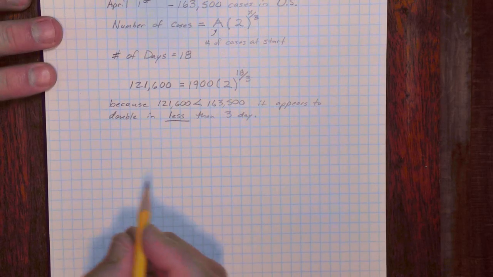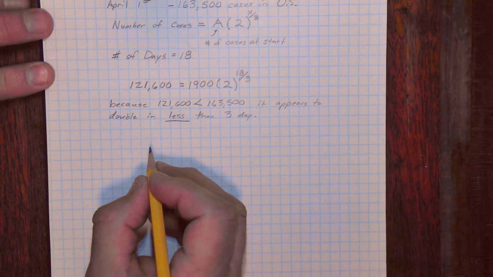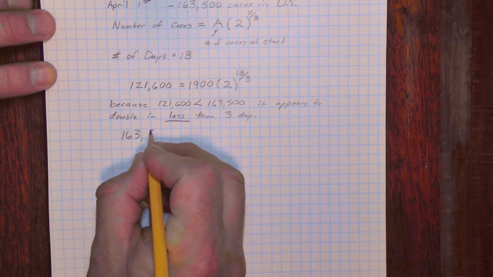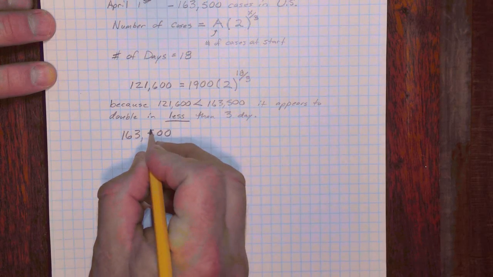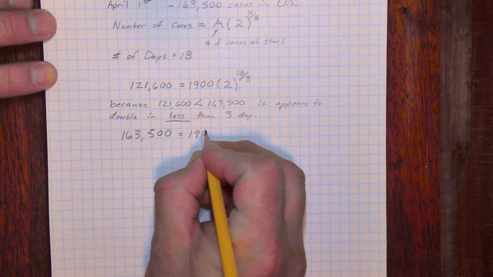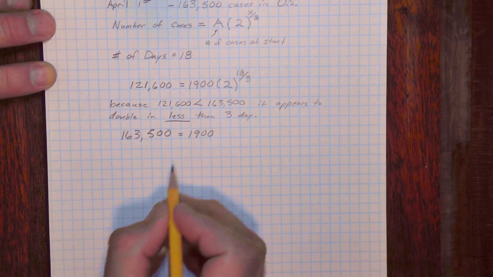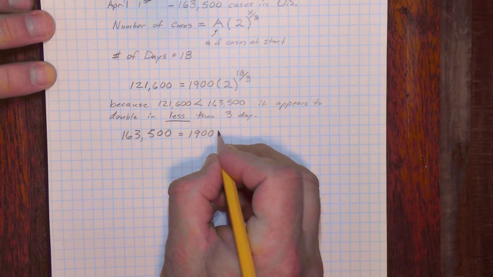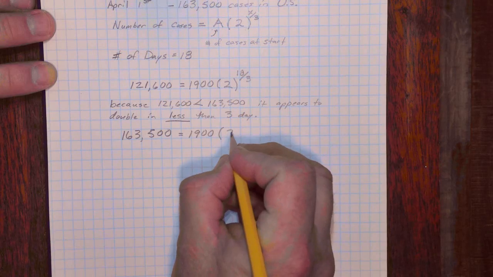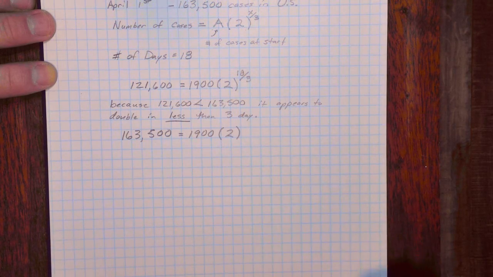Okay, so what I'm going to do here is, we know this number 163,500. That is today's number. We also know we're going to go ahead and take it at face value that was our number back on March 13th. Now, it's doubling. What is the rate at which it doubles?